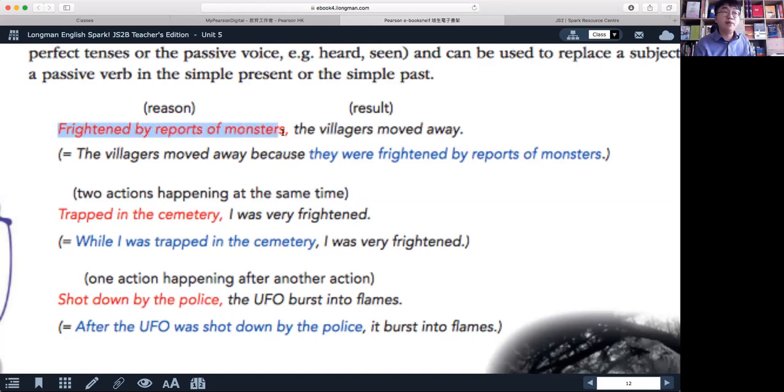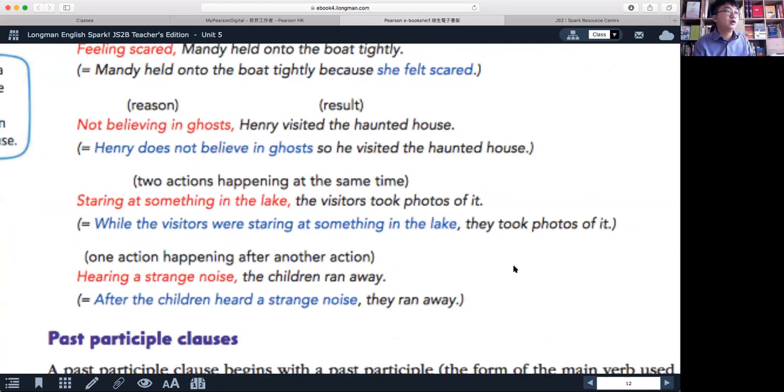And then you keep the remaining part of the clause. Frightened by reports of monsters, comma, the villagers moved away. Remember, the same as here, we put reason first and then result next.